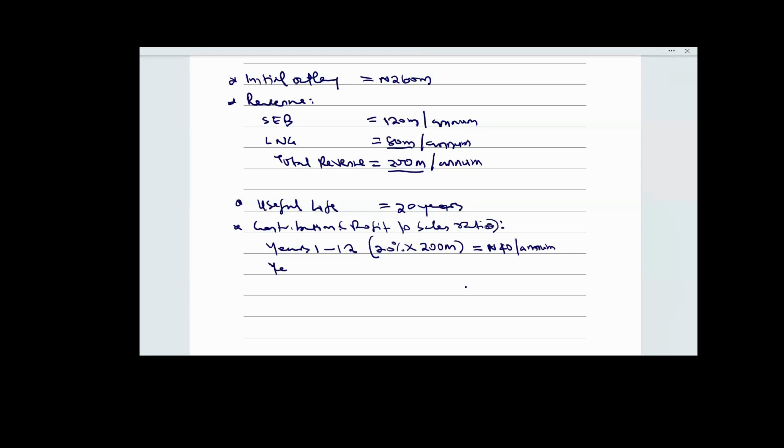Then for years 13 to 20, it will be 17% multiplied by total revenue of 200 million, equal to 34 million per annum. Okay, let me rewrite that. 40 million per annum and 34 million per annum.